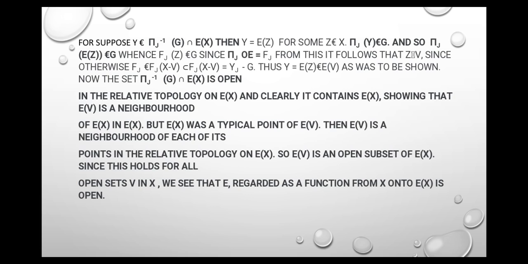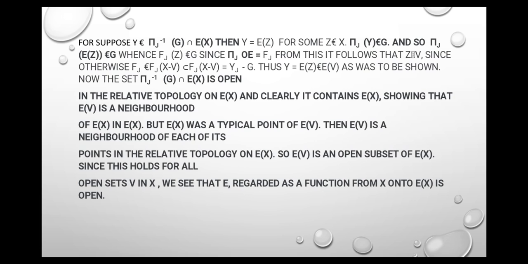From this it follows that z belongs to V, since otherwise f_j of z belongs to f_j of (X minus V), contained in the closure of f_j of (X minus V), which is equal to Y_j minus G. Thus, y is equal to E of z belonging to E of V, as was to be shown.